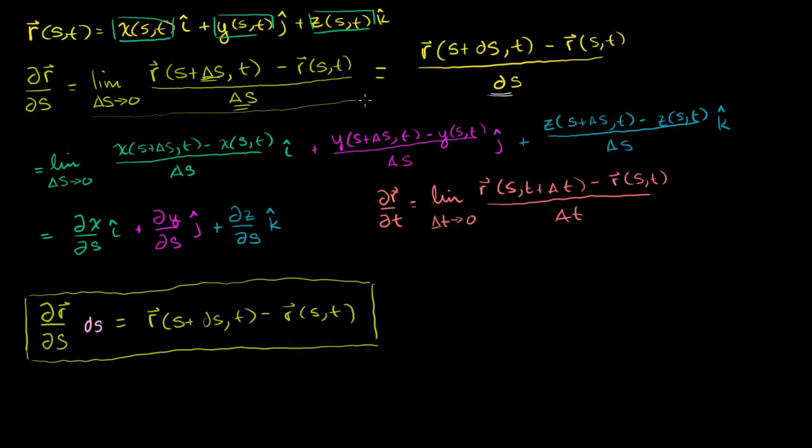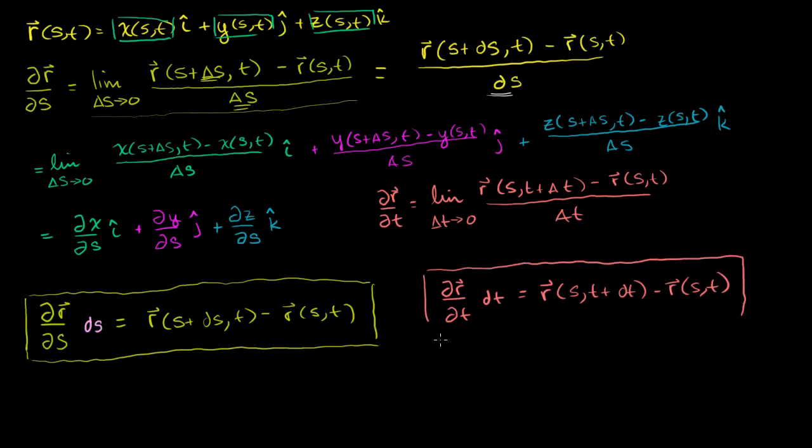If you do this pseudo-mathy thing that I did up here, then you would get the partial of r with respect to t times a super small change in t, dt, our t differential, you could imagine, is equal to r of s, t plus dt minus r of s and t. So let's box these two guys away. And in the next video, we're going to actually visualize what these mean.